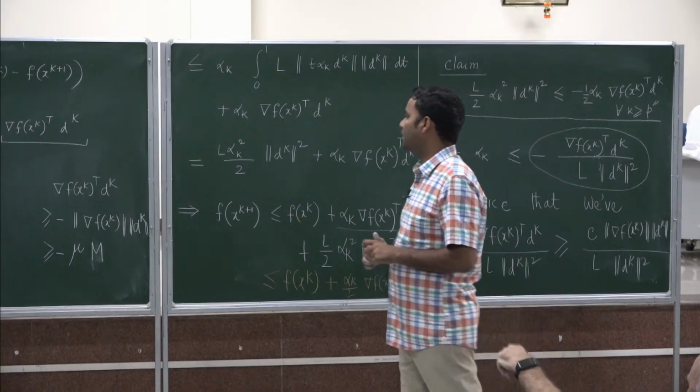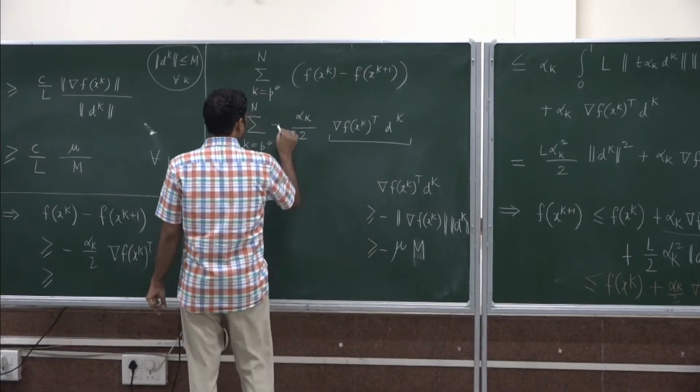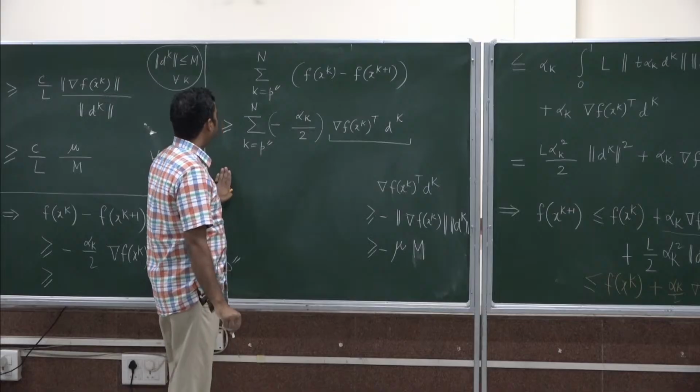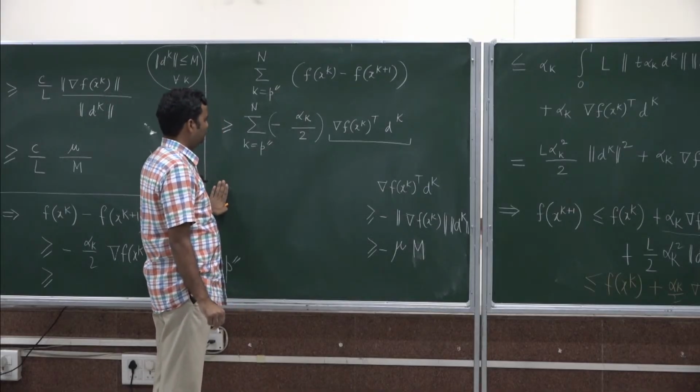Then the inequality will not persist, it will be negative, and multiplied by this quantity, this inequality will not be greater than, it will be less than or equal to, right? But the negative sign will come with the minus. Exactly.